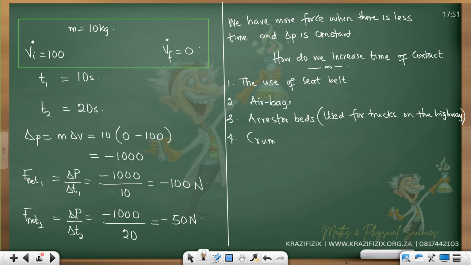All right. Crumple zones. Crumple zones in cars. Now, what is a crumple zone in a car? I'll explain that quickly.